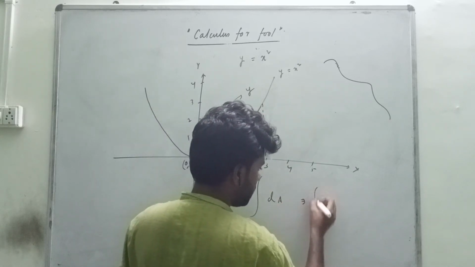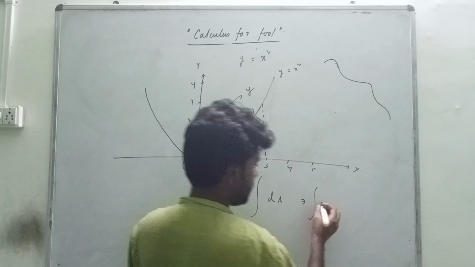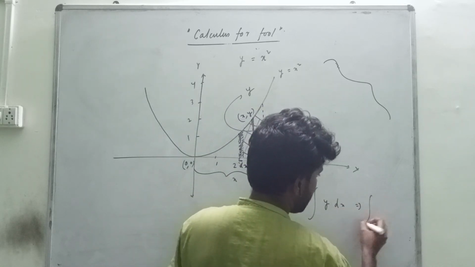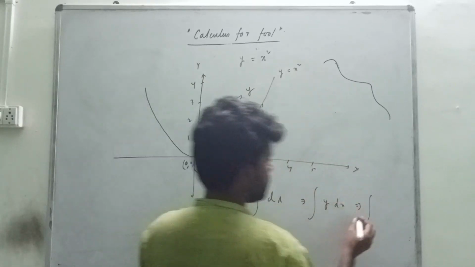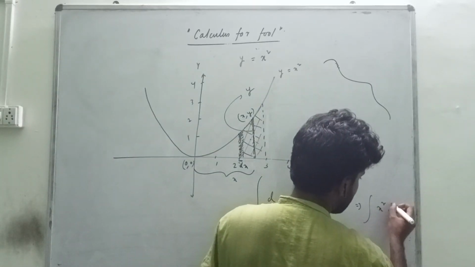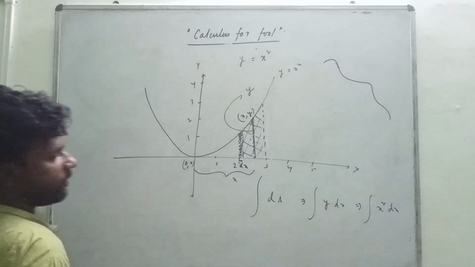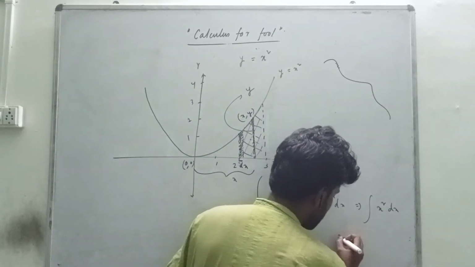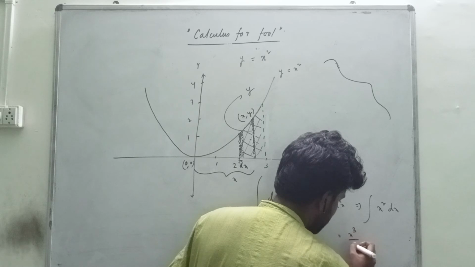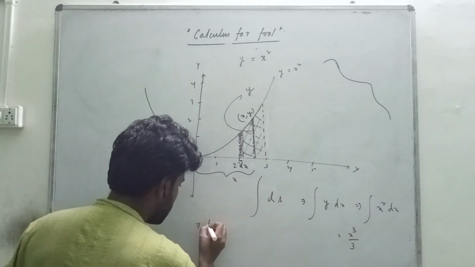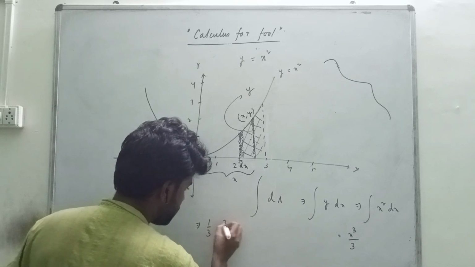So dA, for the arbitrary case, is y dx. And what is y actually? y means x squared, right? So it is x squared dx, and all of you know from our formula number 1, it goes to x cubed by 3, that means 1 by 3 x cubed.